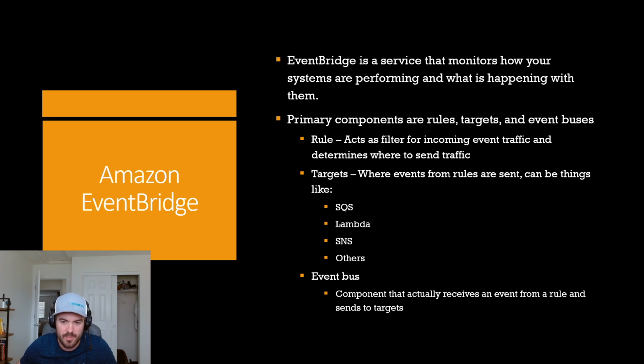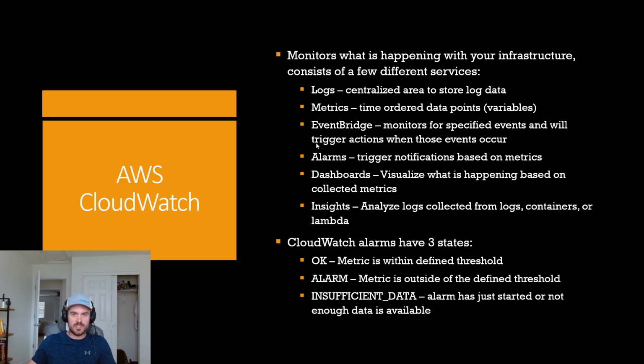And you have the event bus, which is the component that behind the scenes actually receives an event from a rule and then sends that out to whatever targets you specify. All right. So that's how EventBridge works. It used to be called CloudWatch Events or something along those lines, but they rebranded it to EventBridge. So it sounds like its own service, but it's definitely designed to work with AWS CloudWatch.